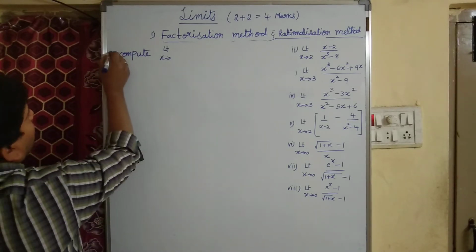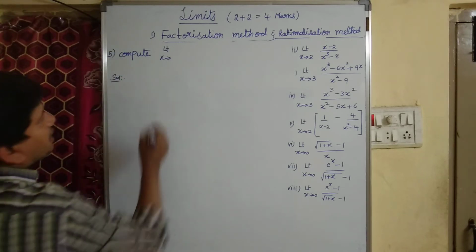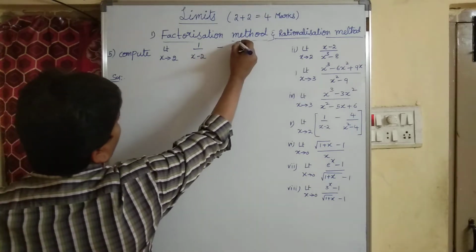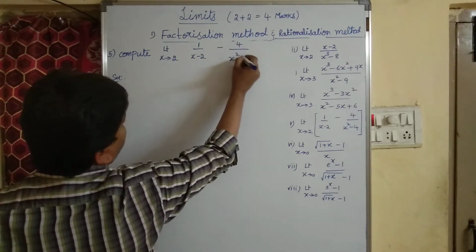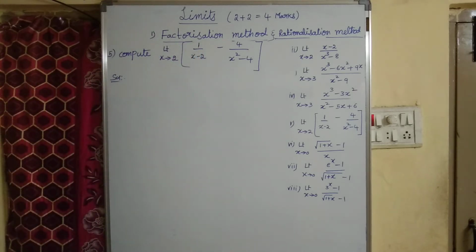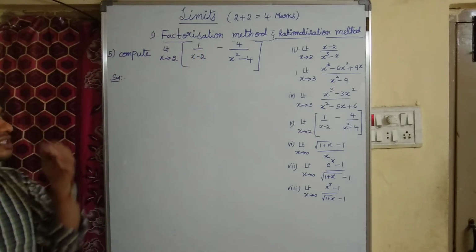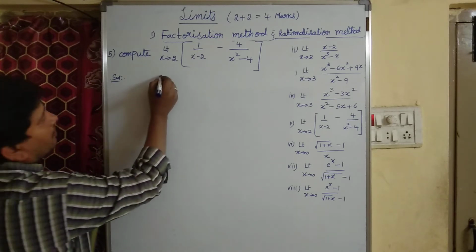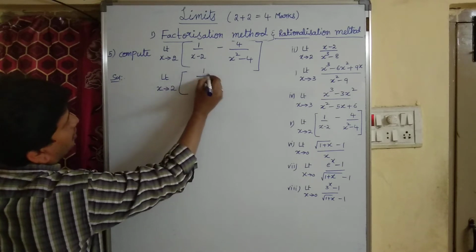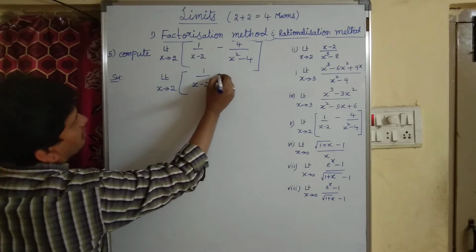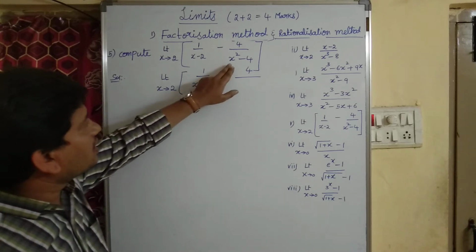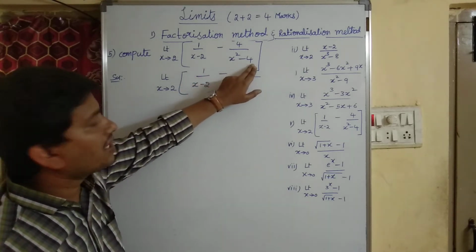Coming to problem number 5, limit x tends to 2, 1 by x minus 2 minus 4 by x square minus 4. So limit x tends to 2, 1 by x minus 2 as it is, minus 4 by, children, you can see here x square minus 4.